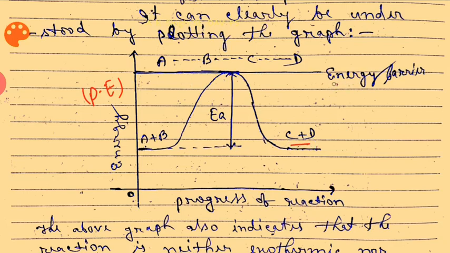It is the maximum state of the energy which must be crossed by the reactant molecules to form products. So this peak must be crossed, otherwise reactant goes in backward direction.